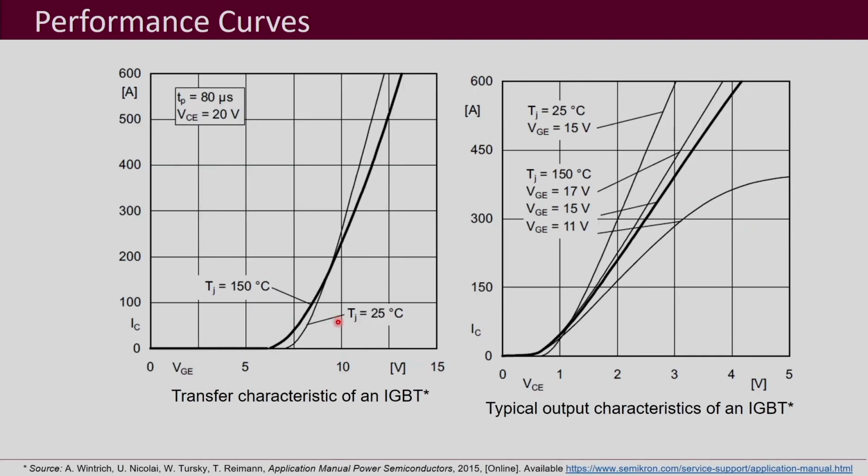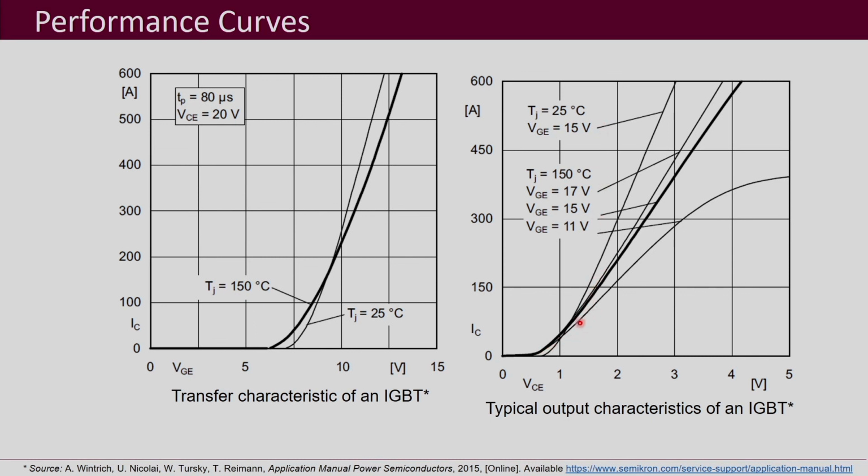Then let us look into some of the performance curves. First one is your output characteristics of an IGBT. This is between your collector current IC and your collector to emitter voltage VCE, and it changes with how much gate to emitter voltage we apply, and also it can be different depending on the temperature.